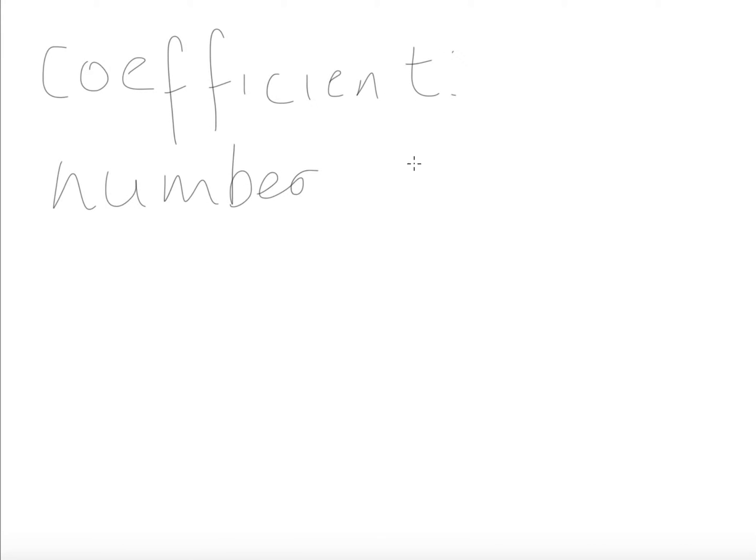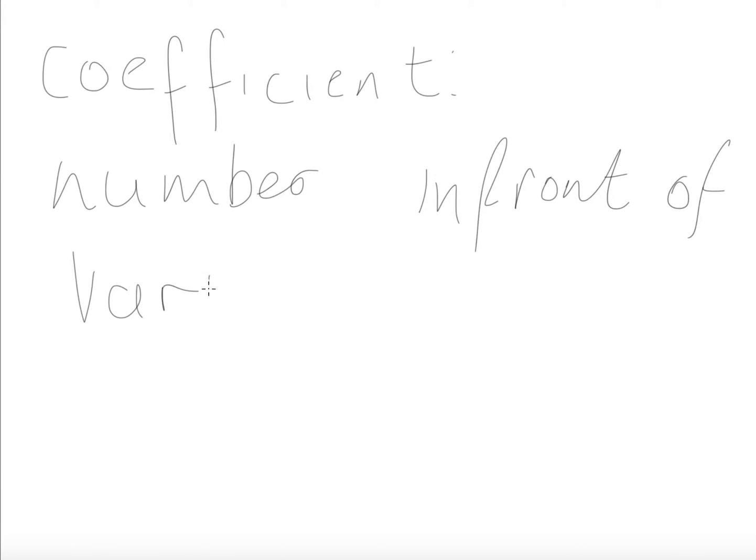Let me just write that on the page. Coefficient: number in front of variables. Okay.